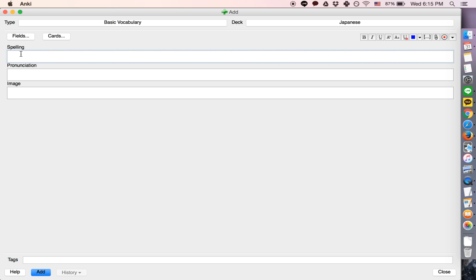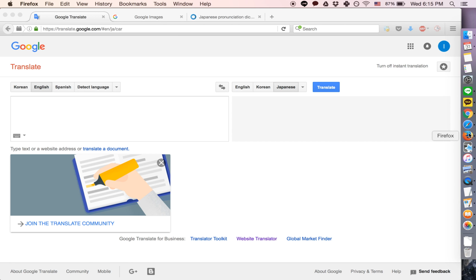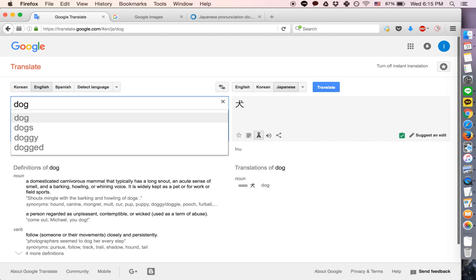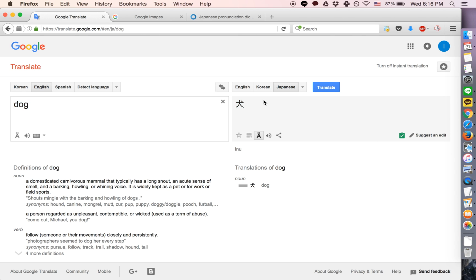Because we're learning words from a language we don't know, we need to look up the words. So the way to do this is go to Google Translate, and you might be thinking that Google Translate is not very good, but that doesn't matter, as you'll see soon. So let's say we're looking for the Japanese word for dog, so we translate from English to Japanese and we get this.